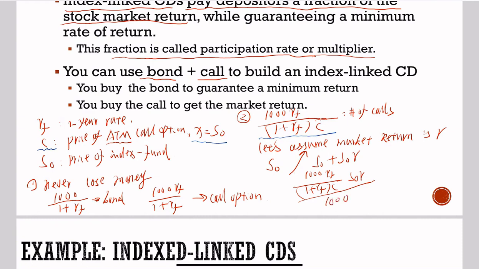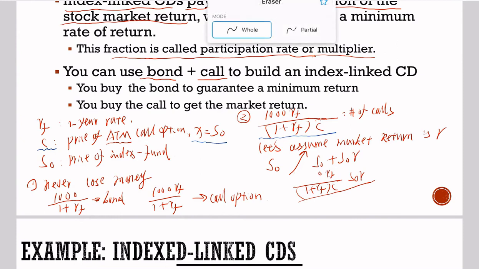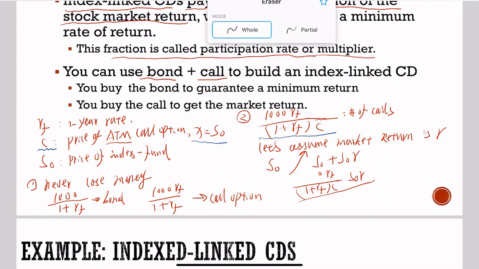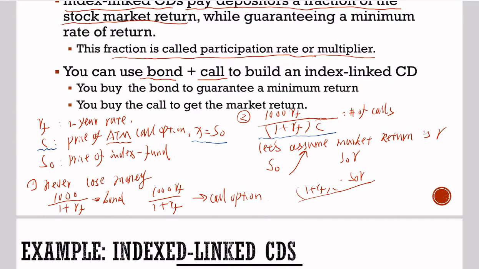So this would give you this. So this is the return on your index-linked CD.